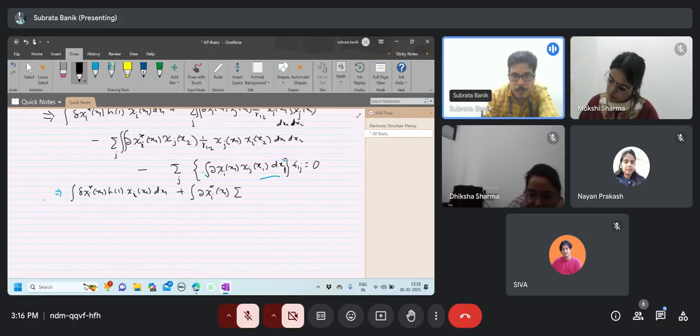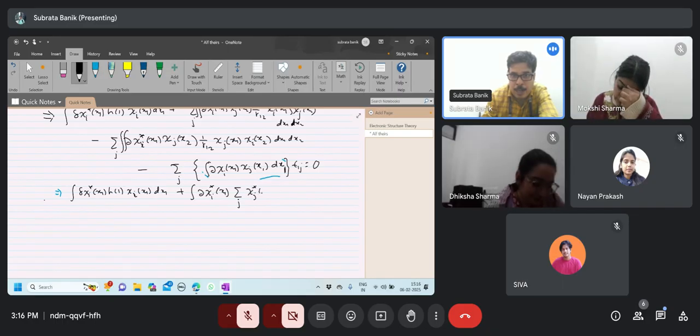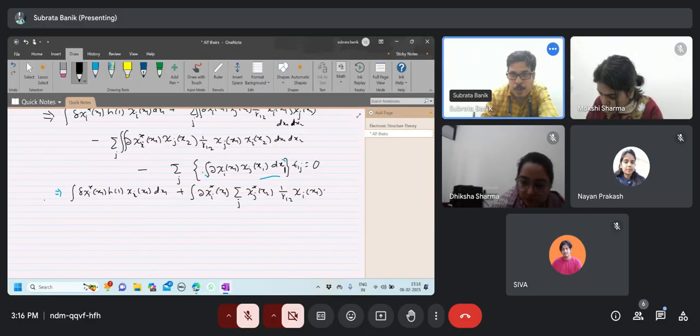I put sum here because this is i, right? So I can move the sum inside. The sum over i has gone. So I can put sum here. I write j star x2 1 upon r12 chi i of x1 chi j of x2 dx1 dx2.